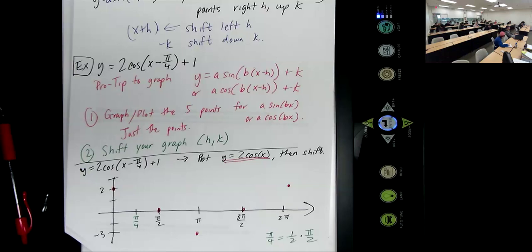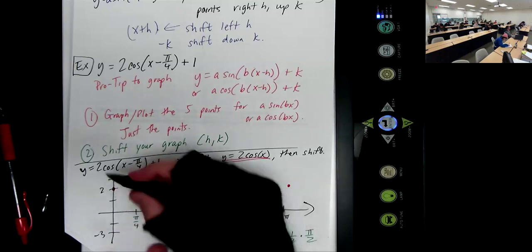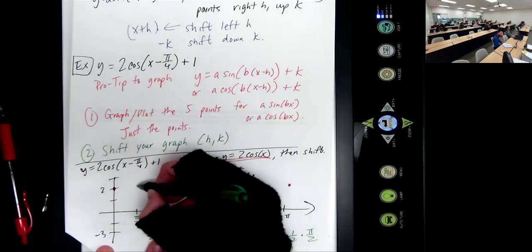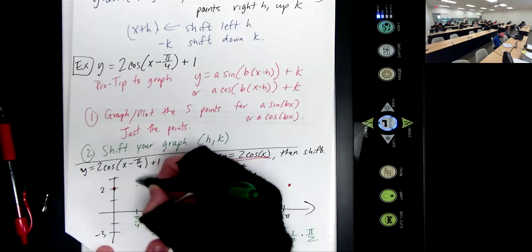So this shifts this point right pi over 4 and up 1.